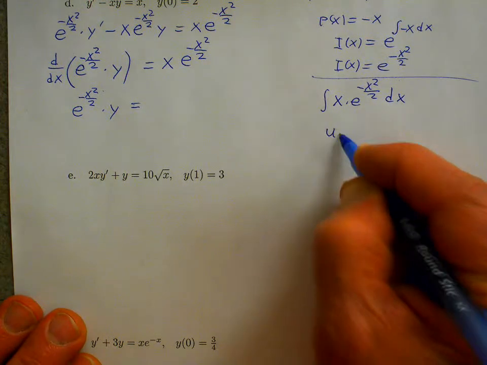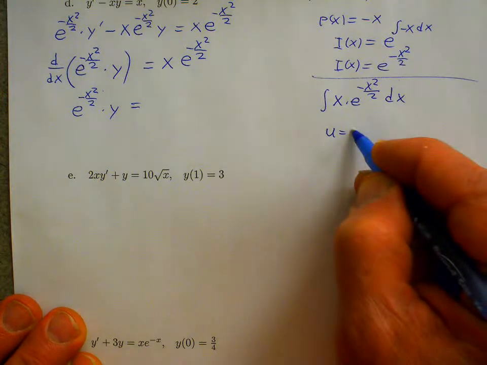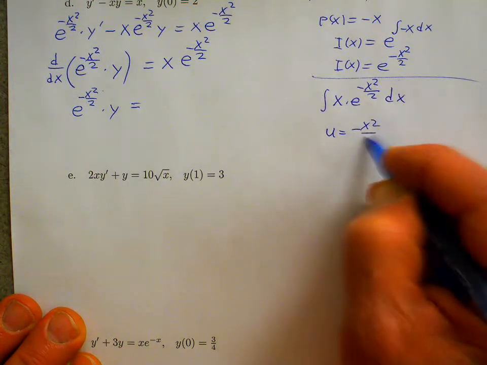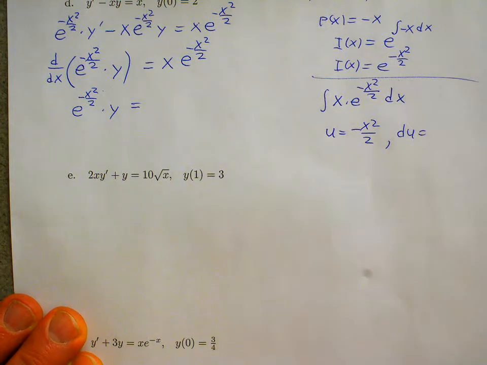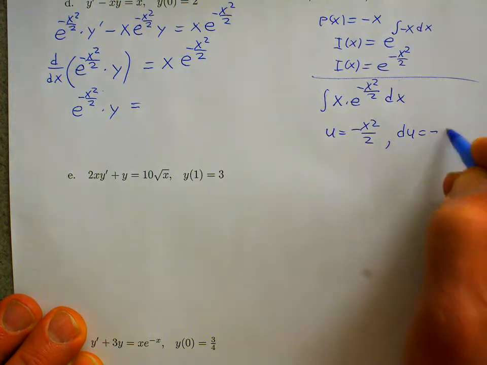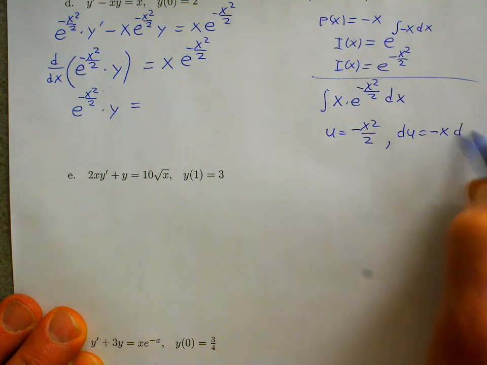If you let u be the exponent, negative x squared over 2, then du is negative 2x over 2, or negative x dx.